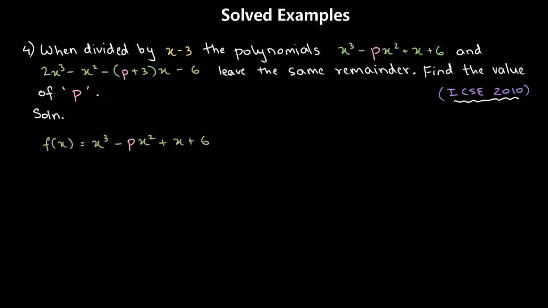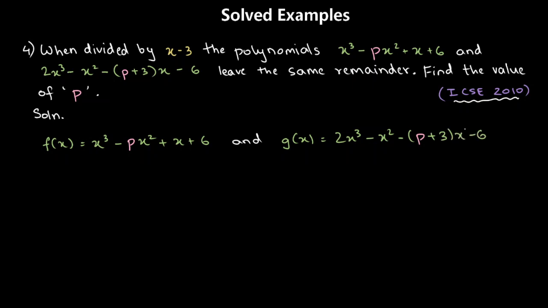And let's consider our second polynomial as g of x, which is 2x cubed minus x squared minus, in the bracket, p plus 3, into x minus 6.